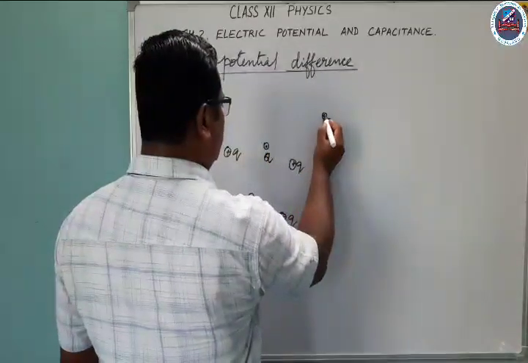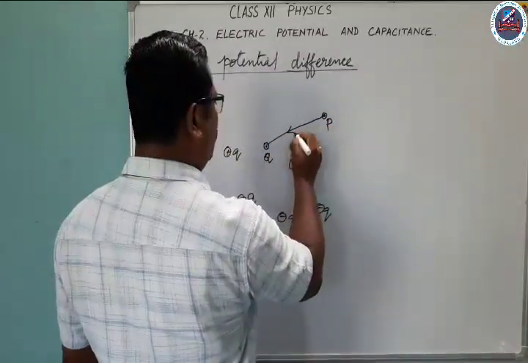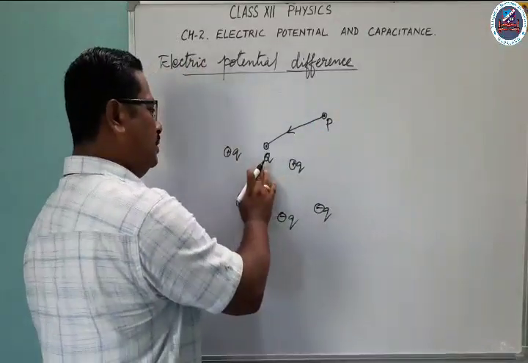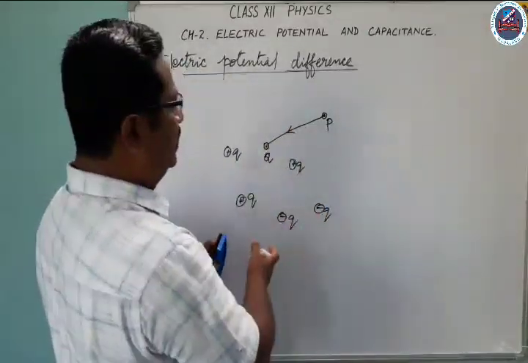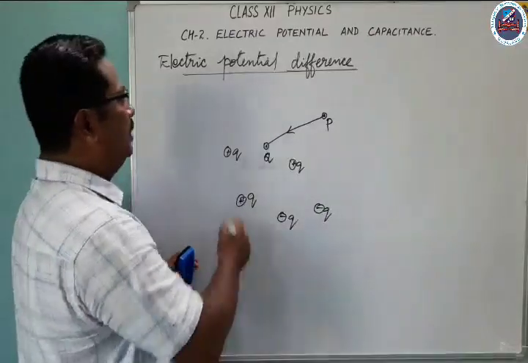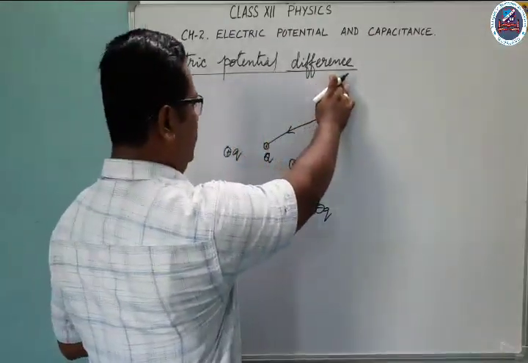How much work do you do in bringing it from one point to another point within the field? That gives us the measure of electric potential difference.